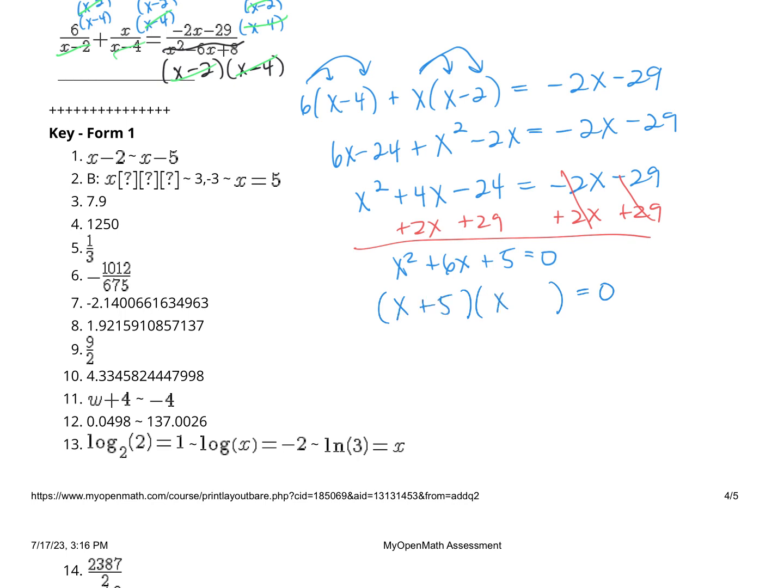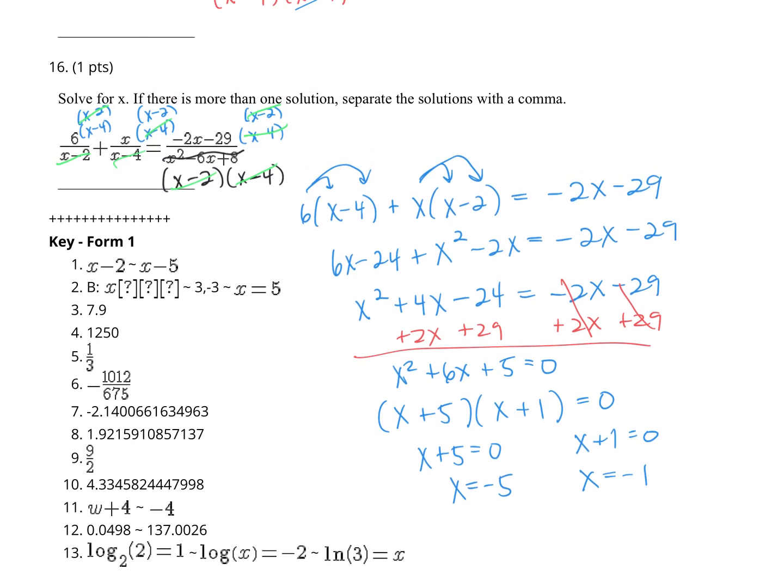So it looks like it factors into 5 and 1. So 5 times 1 is 5, 5 plus 1 is 6. So we have x plus 5 equals 0, which means x is negative 5. And x plus 1 equals 0, which means x is negative 1. So I think I have two solutions, but remember you have to check against your restrictions. So here, our restricted values are what would make the denominators 0.